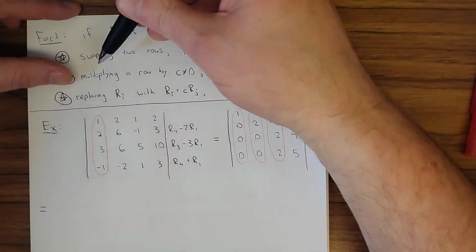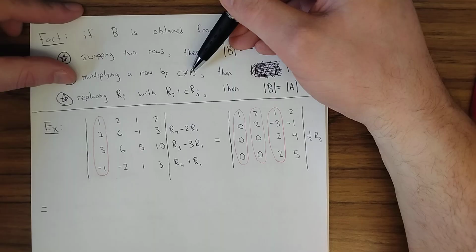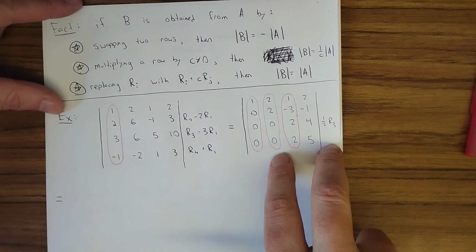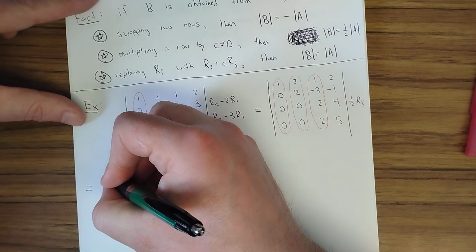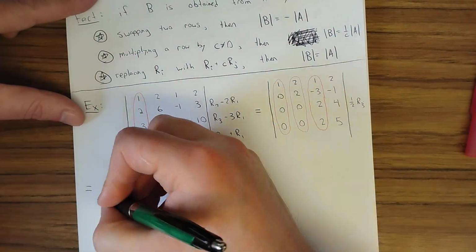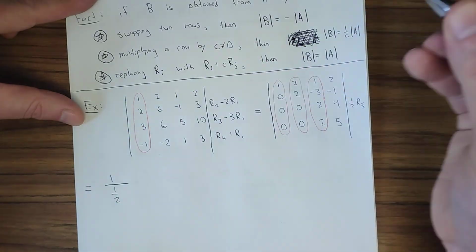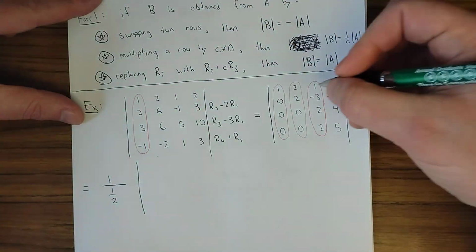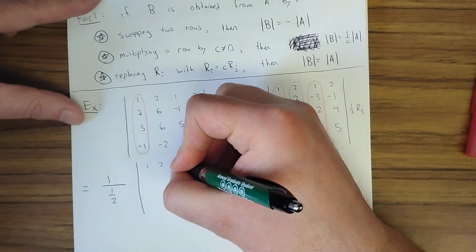So in other words, I'm multiplying a row by a half. So the determinant of the resulting matrix is going to be 1 over a half times what I get.